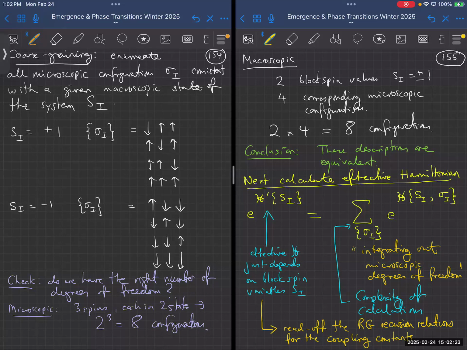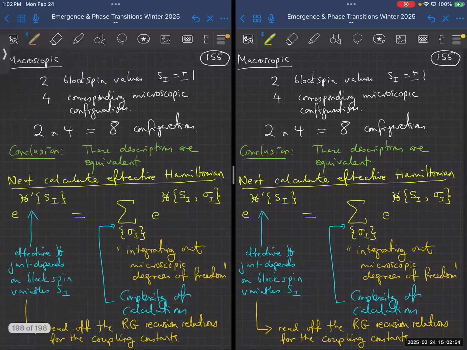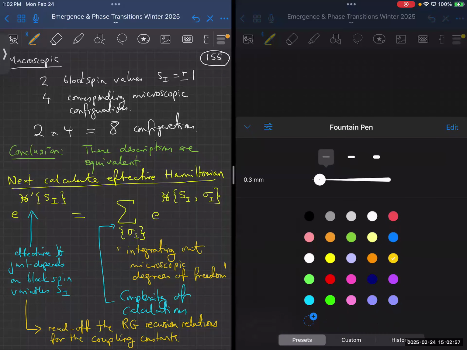So in other words, once I've constructed the effective Hamiltonian H prime, I can look at that and say, well, it's got some nearest neighbor terms, some next nearest neighbor terms, some triplet interactions, quartic interactions, blah, blah, blah, everything you want. And so I can then read off how those coupling constants are transforming, and that's how I construct my renormalization group flow. And we're going to see for this example, the renormalization group transformation turns out to be quite simple, and so we can easily read those things out. So that's the roadmap. So now let's try to do that.